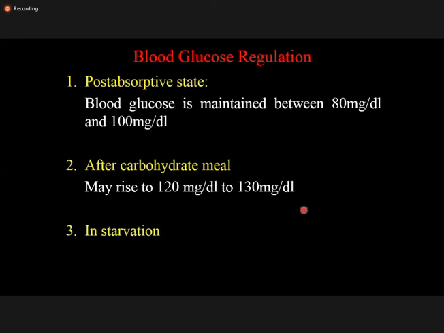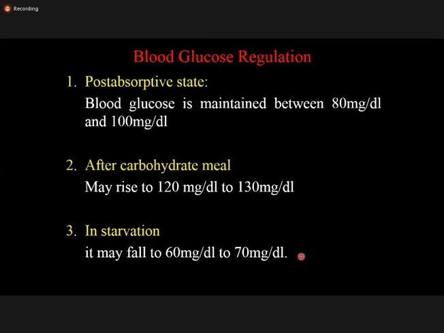The third condition is starvation, for approximately 12 to 16 hours. It may fall to 60 to 70 milligrams per dl.